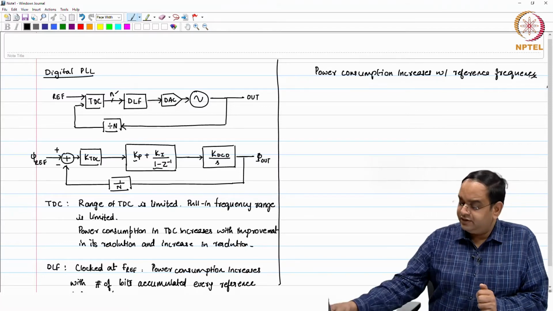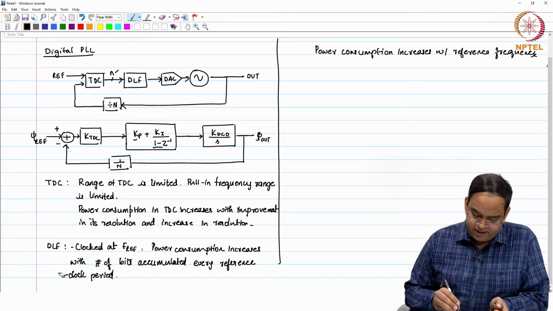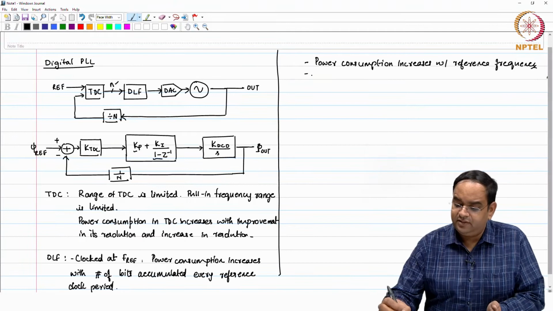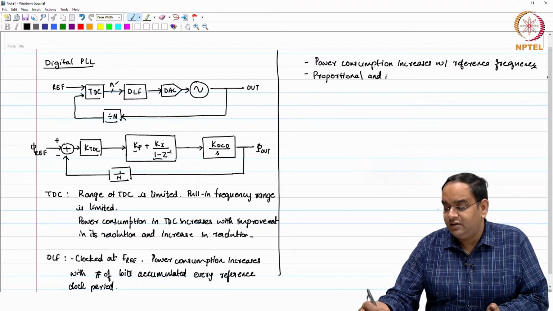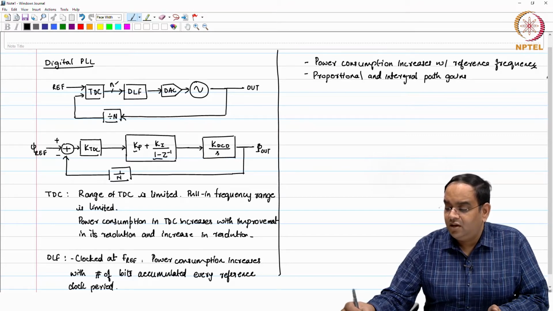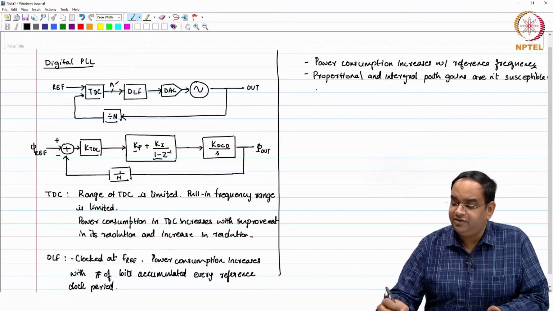The good part of this is that the proportional and integral path gains are not susceptible to any process, voltage or temperature variation.